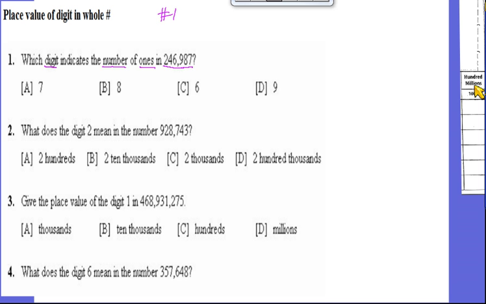Lomas, go ahead. What do we need? You said it before, Gerardo. We need to underline the verb.